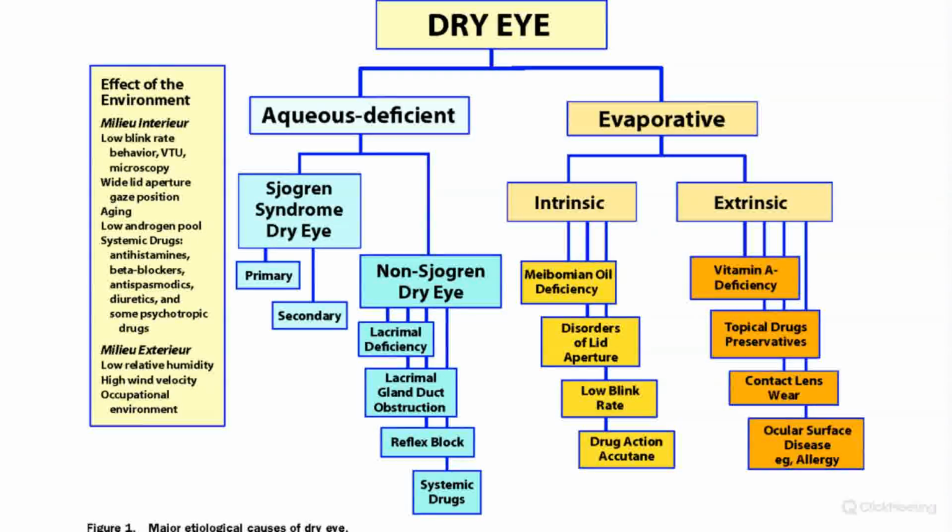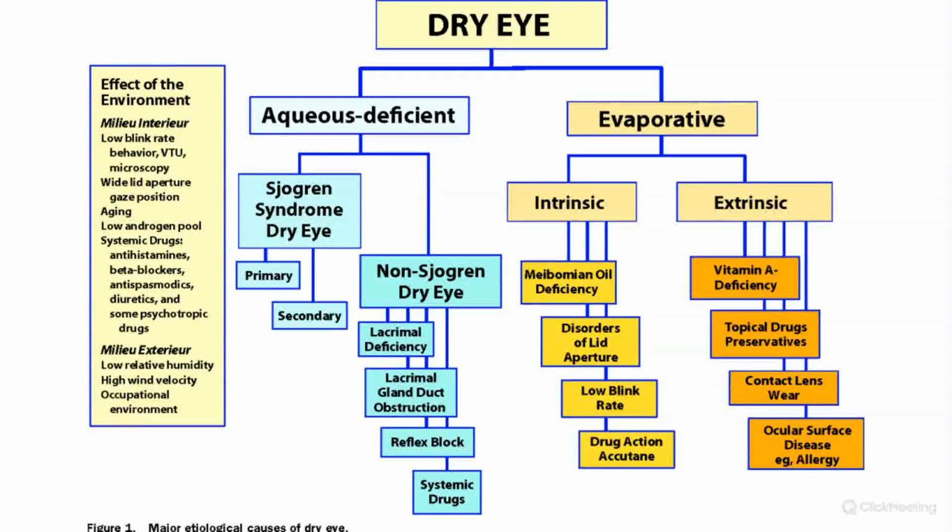I have made a few comments about this table: keep in mind that here it's Sjogren and similar diseases, and some other diseases connected with lacrimal production, and the right side is evaporative, mostly superficial eye conditions.